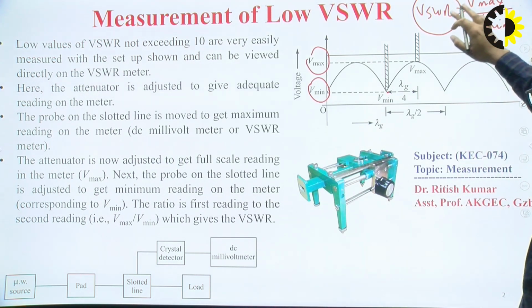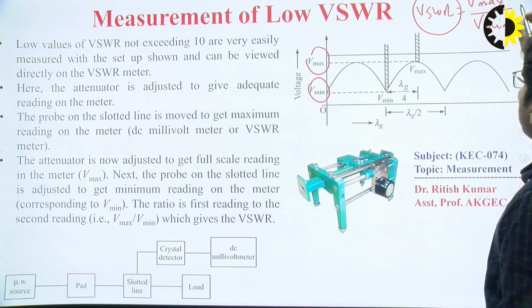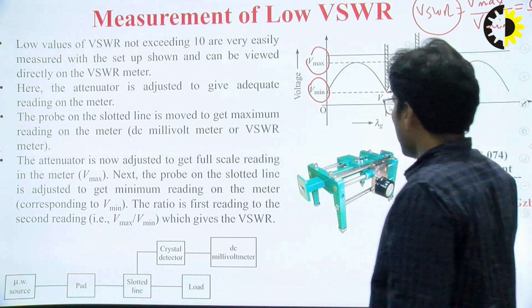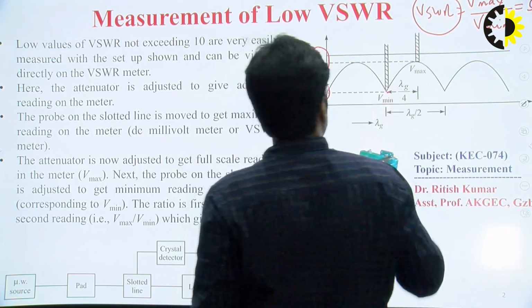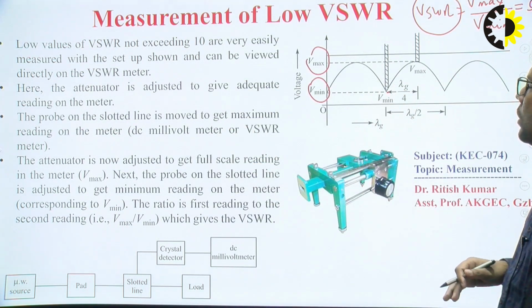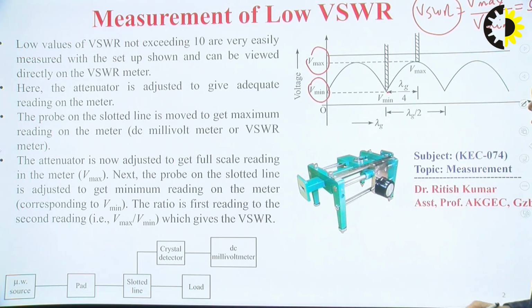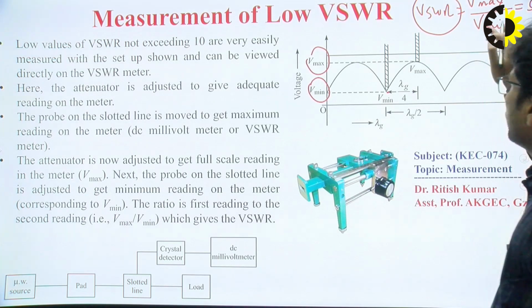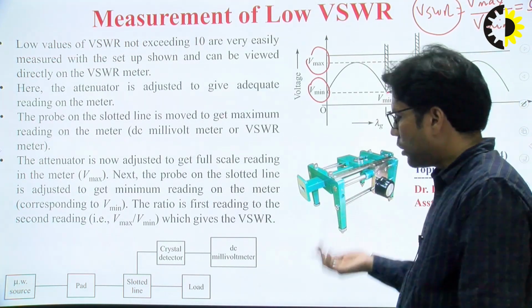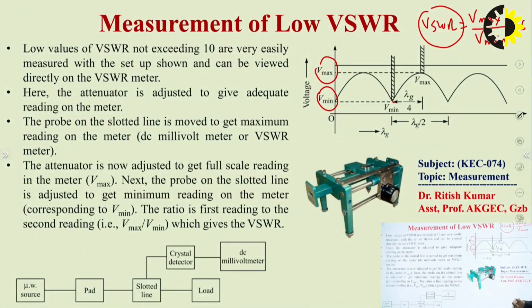If you are able to get the VSWR, here I am representing this VSWR as S. If somebody asks what should be the value of the reflection coefficient, then you need to know the formula, the relationship between the VSWR and reflection coefficient.